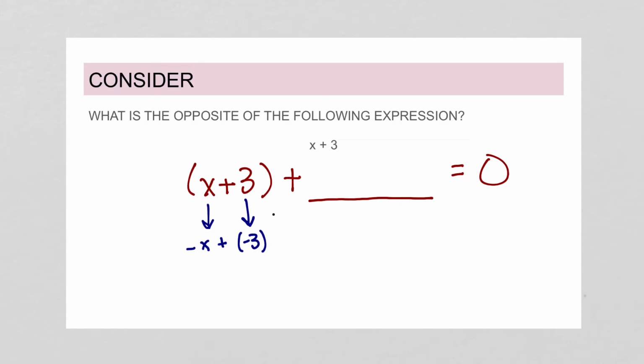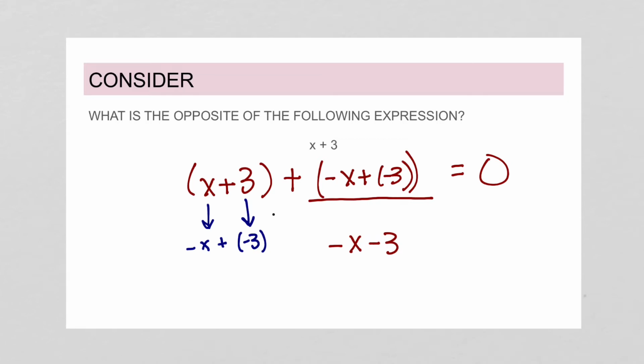So what expression is the opposite of x plus 3? Well, it would be a -x plus a -3. Or I might want to write that as -x minus 3. That means the same thing, right? Because adding a negative is the same as minus.